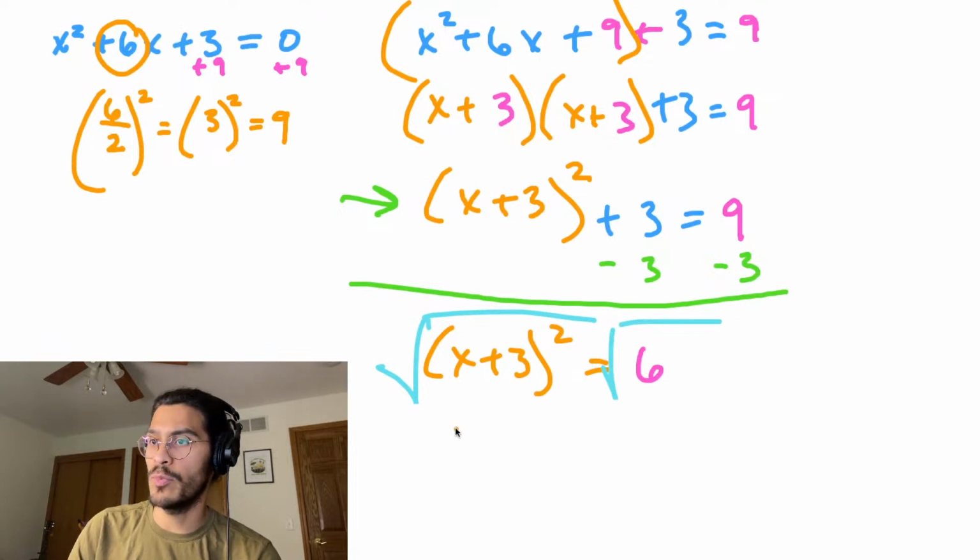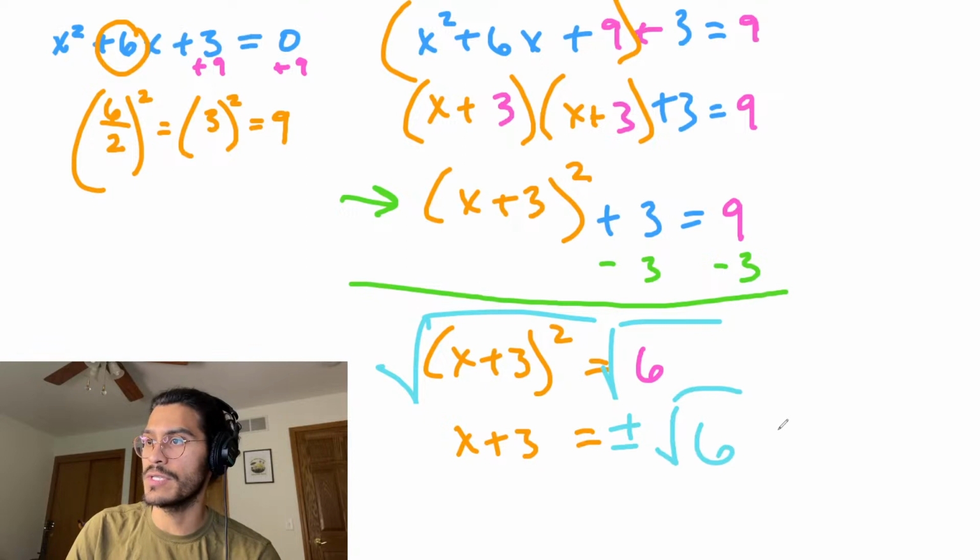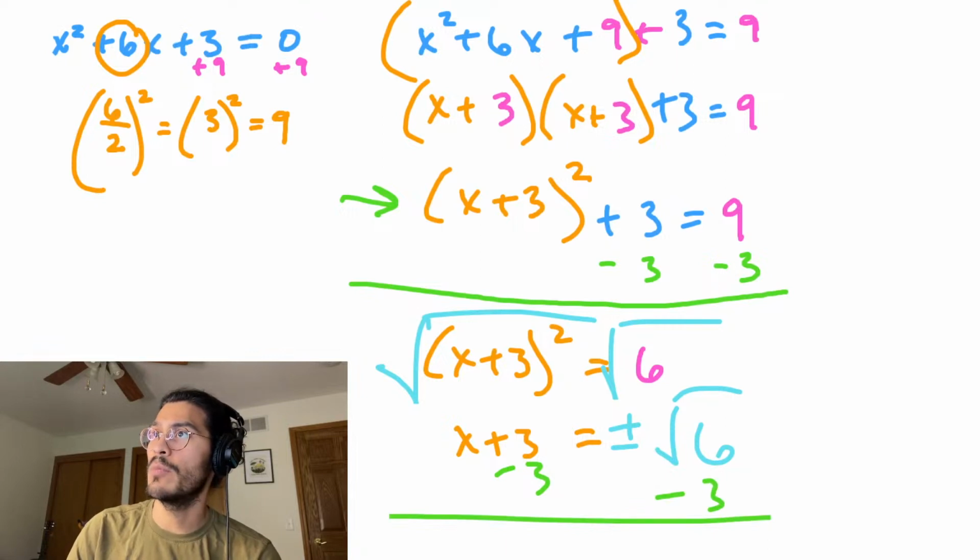Now on the left-hand side, we're just left with the x plus 3 that was inside. And on the right-hand side, we get plus or minus square root of 6. Subtract a 3 off from both sides, and we're left with x equals negative 3 plus or minus square root of 6.